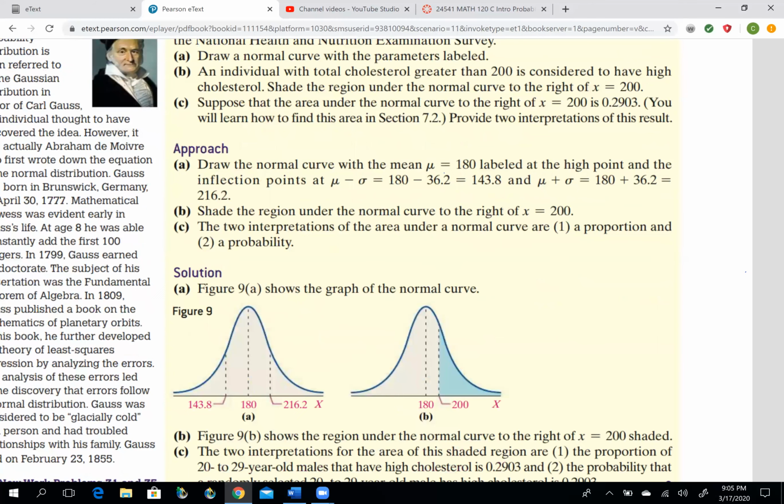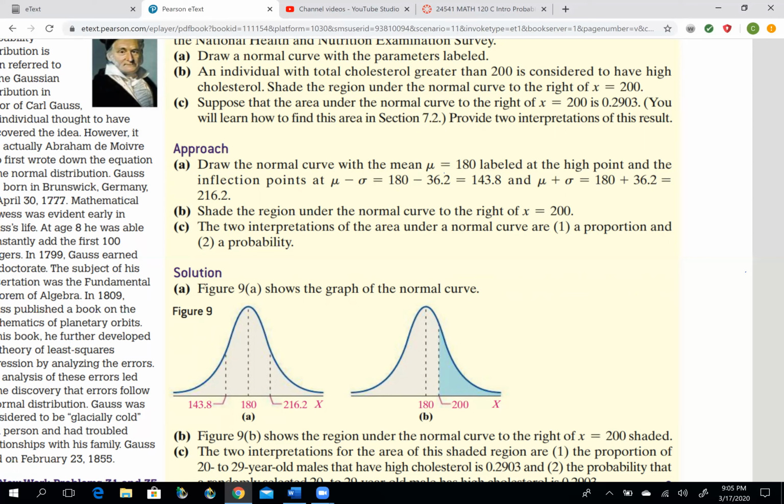So if you see part A, we have a graph. The graph, both to the right and left, never touches the horizontal axis. The mean is 180 and the standard deviation is 36.2. And the inflection points are going to be mu minus 1 standard deviation and mu plus 1 standard deviation. So 180 minus 36.2 is 143.8. And mu plus 1 standard deviation, 180 plus 36.2, is going to be 216.2.